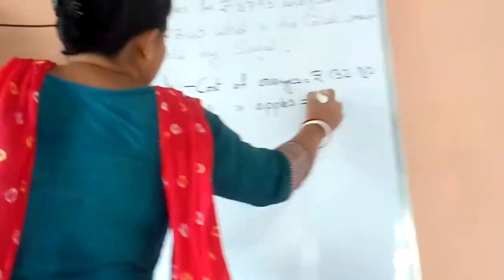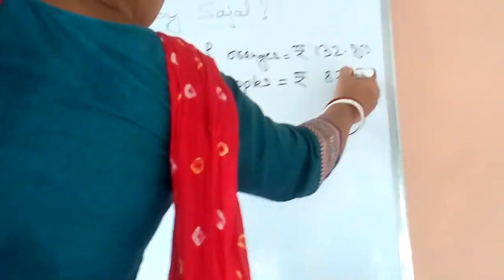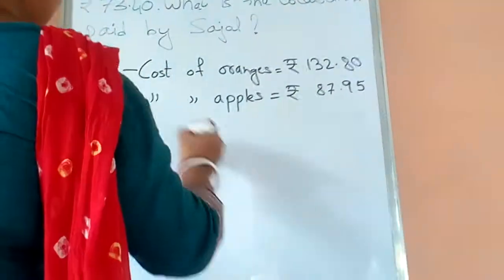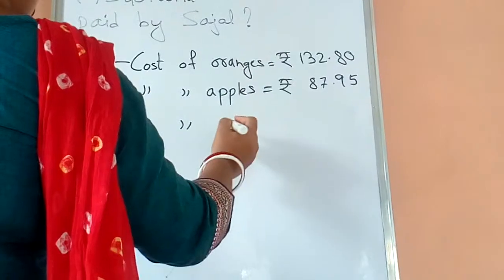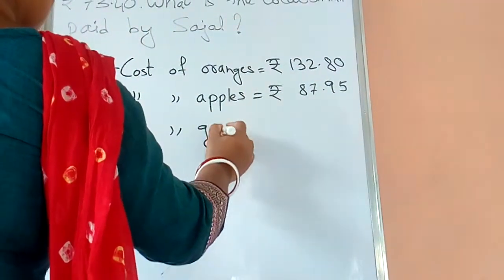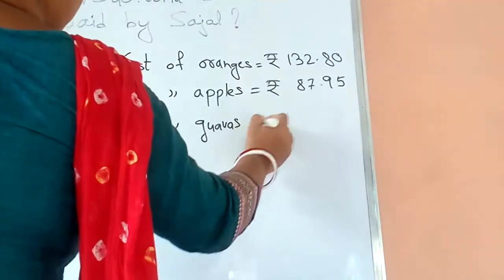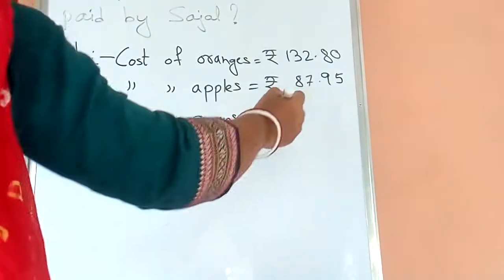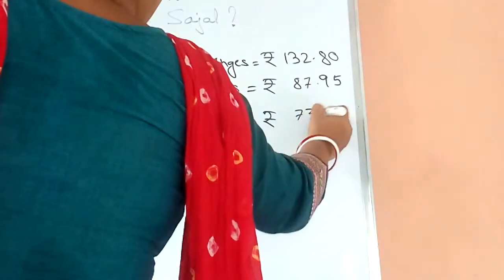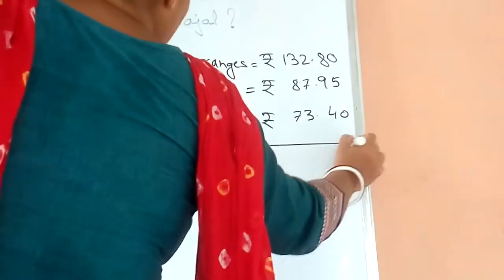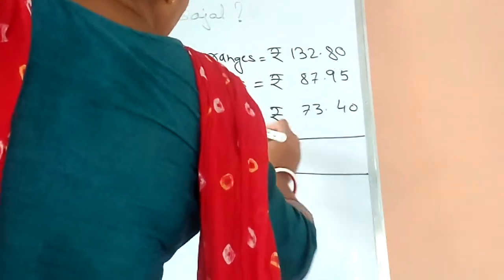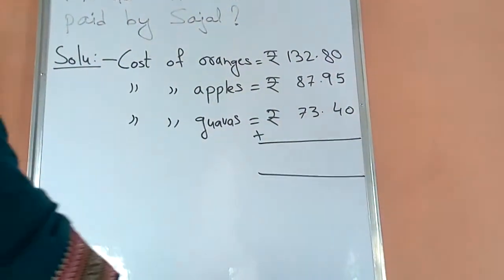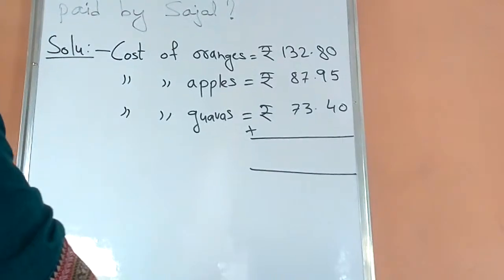It is given rupees 87.95. And the next one is cost of guavas. It is given rupees 73.40. Now you have to find the answer for these three items.